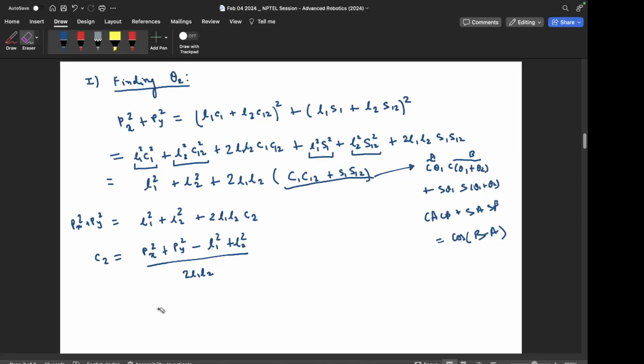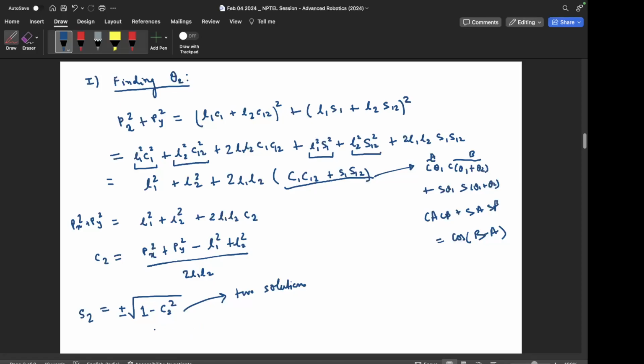So a good practice is to find sin theta 2 also, and that will be plus minus under root 1 minus c2 square, right? And here you see two solutions, which I will come to later.